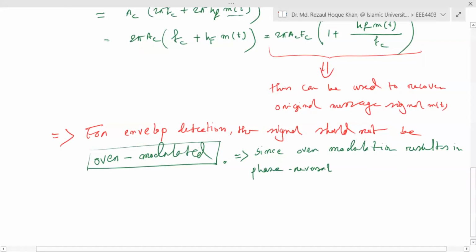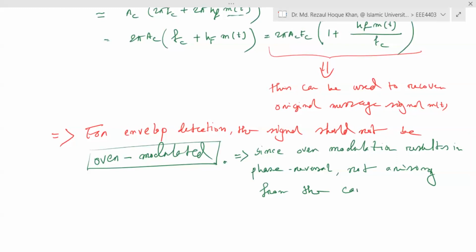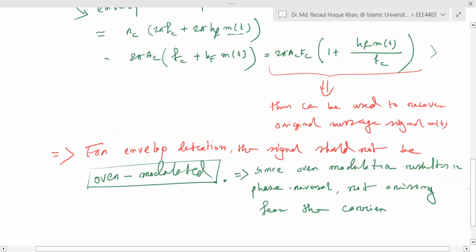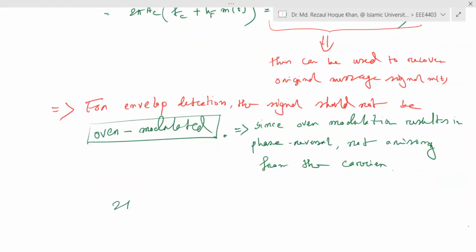Phase reversal does not arise from the carrier; it happens because of overmodulation, not because the carrier phase changes. If we do not want overmodulation to happen, then this amount has to be greater than or equal to 0, which is twice pi.